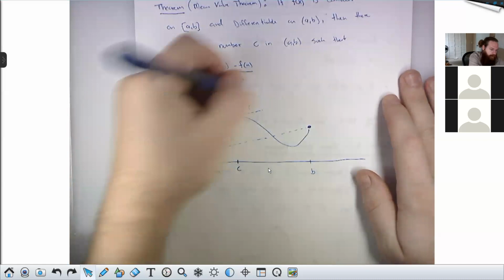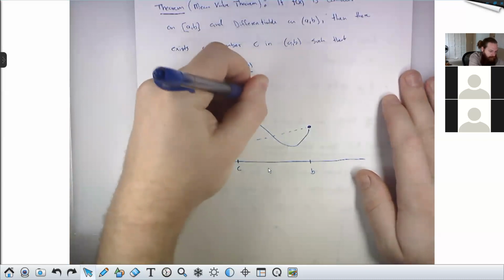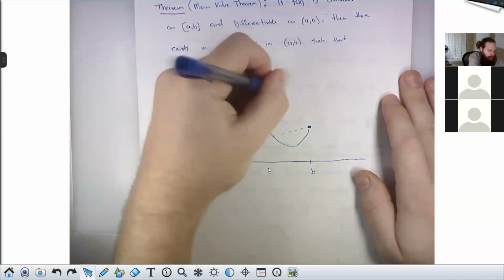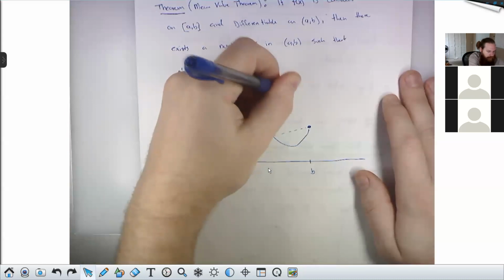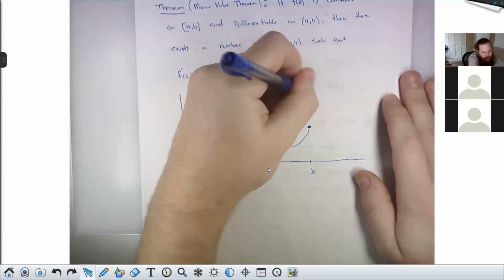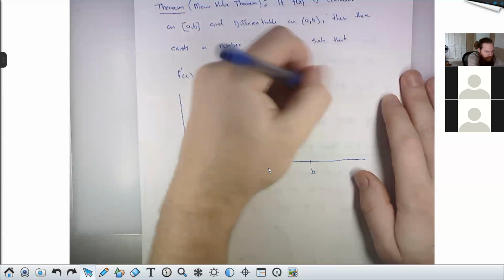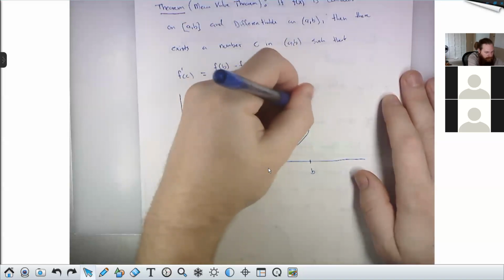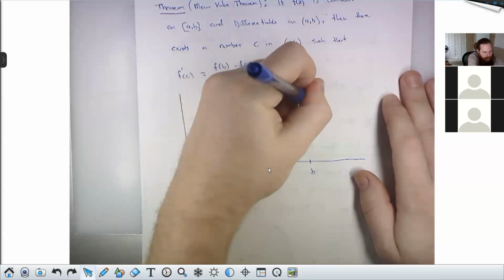So this is a tangent parallel to this secant.